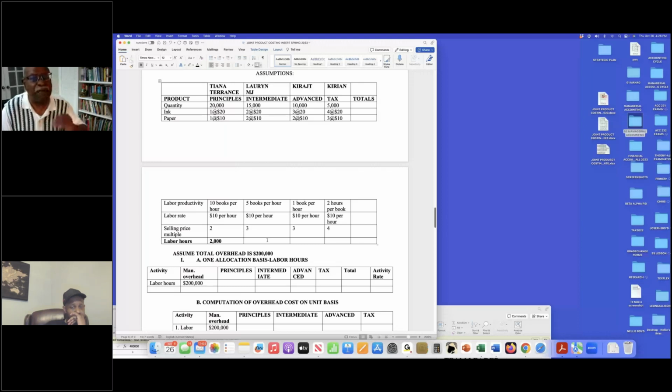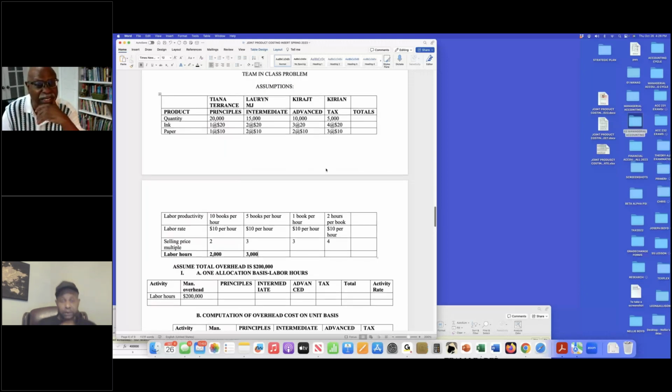What about for the advanced book? We have to make 10,000, and we can make 1 book per hour, so it'll be 10,000 hours. You're making 1 book per hour, so you're just going vertical. Why did you multiply?